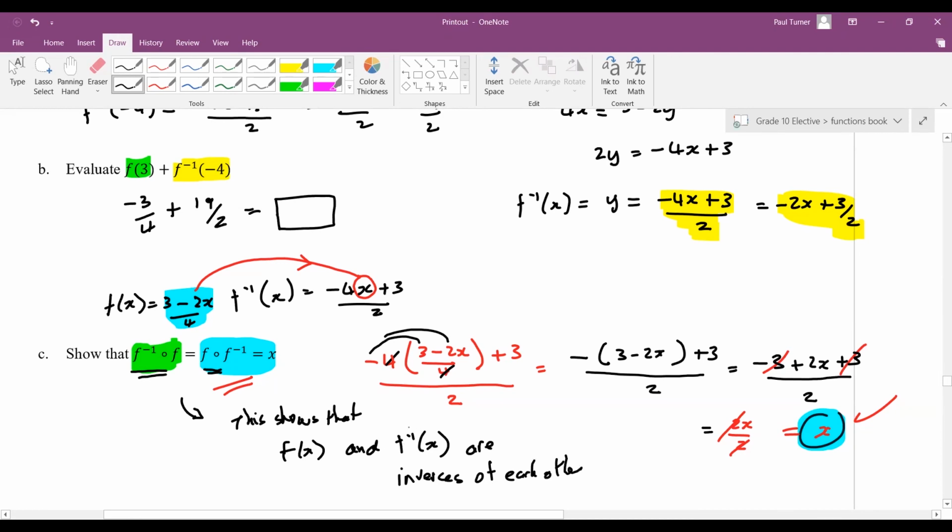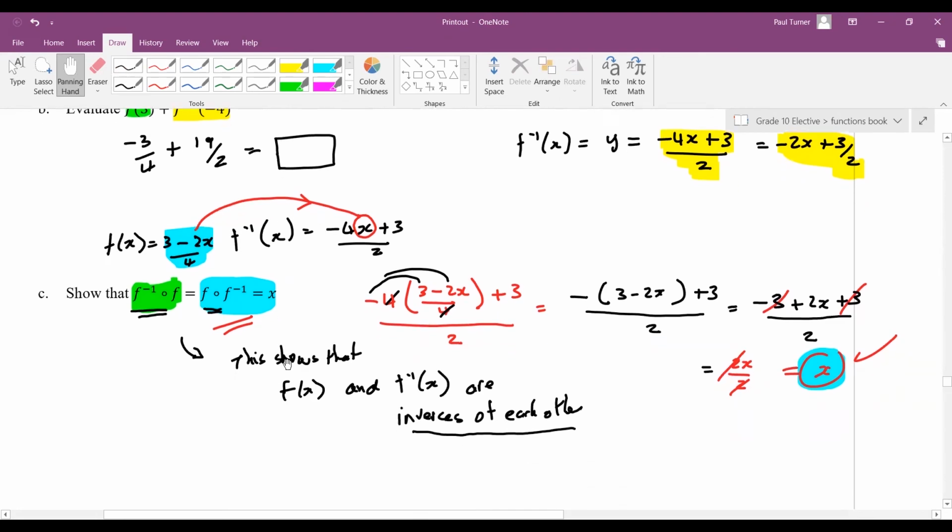If we call that f(x), then this would be f inverse x. So f inverse x is the inverse of the function, and also the function is the inverse of the inverse function, if that makes sense. Okay, that's how you did that.